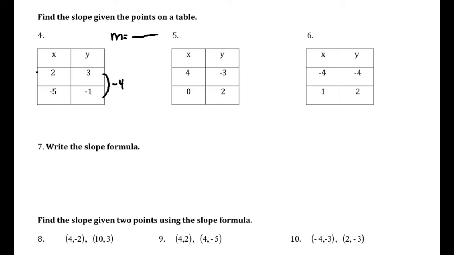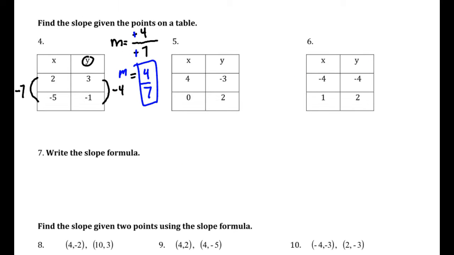And from 2 degrees to negative 5 degrees, that went down 7. So we have negative 4 for the rise, because that's the y, over negative 7. And as always, if it can be reduced, you got to reduce it. In this case, it could be simplified. Negative over negative is positive. So just use m equals and always reduce your fractions.